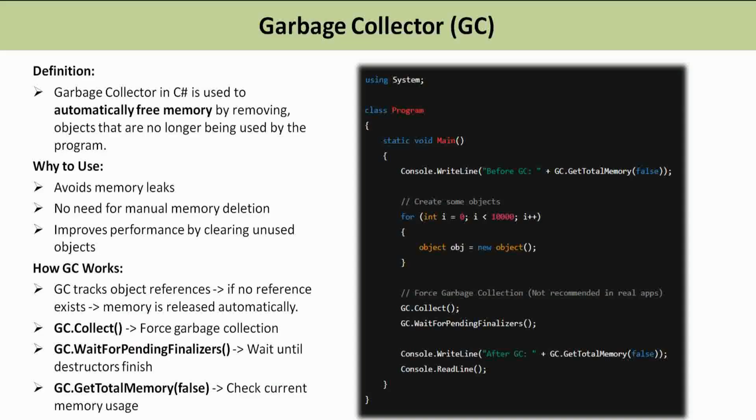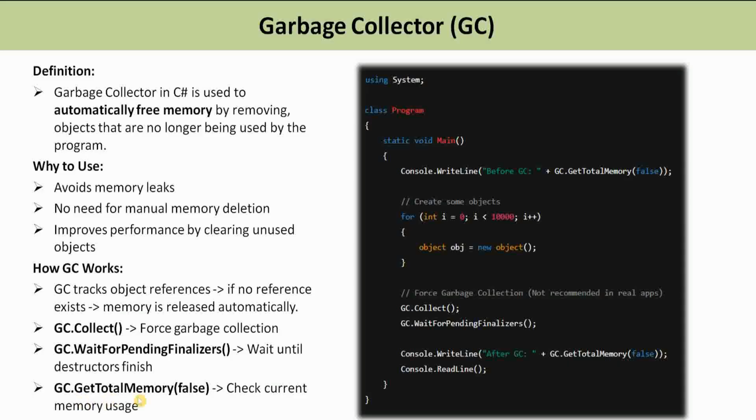In that case, it will collect all that memory data and release that memory from the objects. Next method we have is GC.WaitForPendingFinalizers. It waits until the finalizers finish. This method waits until the memory release functionality is completed, so until then it will wait.